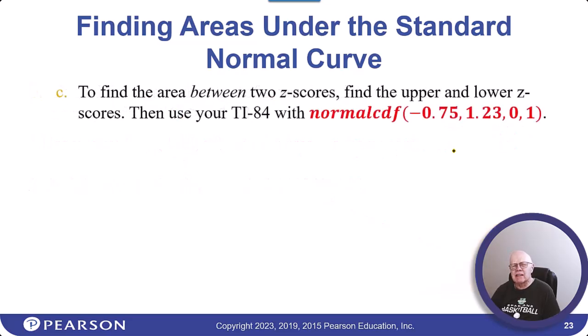Okay, let's try something different. What if we want the area between two z-scores? Well, remember, the first parameter is the lower bound. Second parameter is the upper bound. And since we're talking about z-scores, we'll put the 0 in and the 1 in just to keep our habits in the right range.